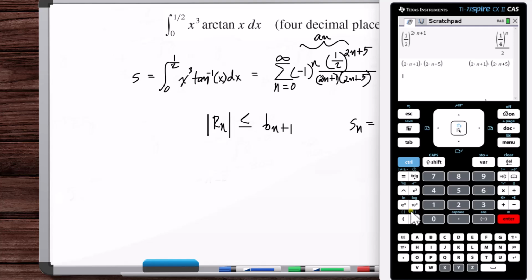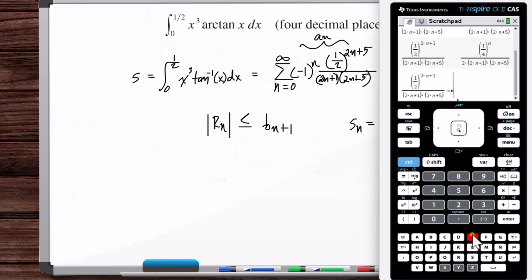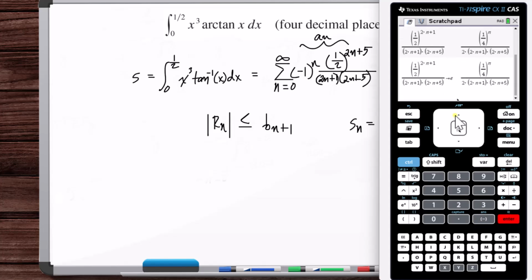So we want to do this divided by this, and we'll store that as E. Okay, so there's the B sub n.